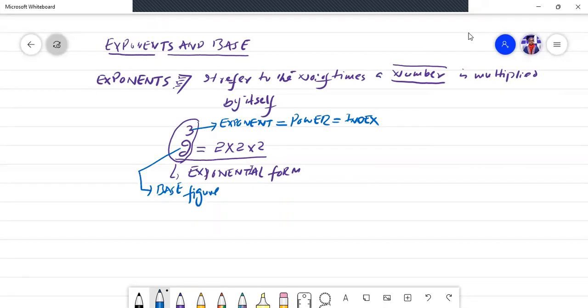This base figure tells you how many times this number has to be multiplied. And how should we know how many times this number has to be multiplied? This will be known by the exponent. Exponent will tell you the base figure has to be multiplied how many times: 2 times, 3 times, 4 times.